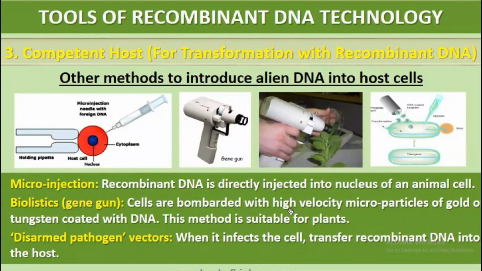Cells are bombarded with high velocity microparticles of gold or tungsten coated with DNA. This method is suitable for plants. And the third one is disarmed pathogen vectors. When it infects the cell, it transfers recombinant DNA into the host.